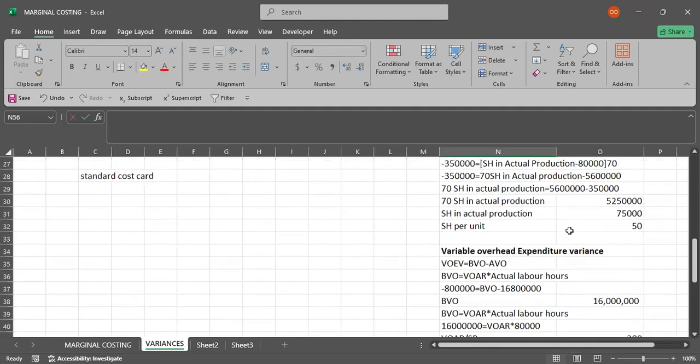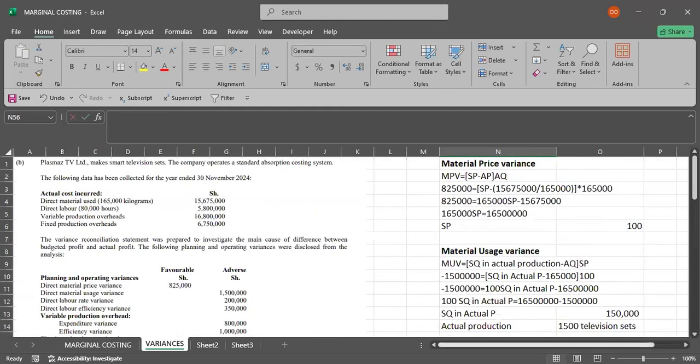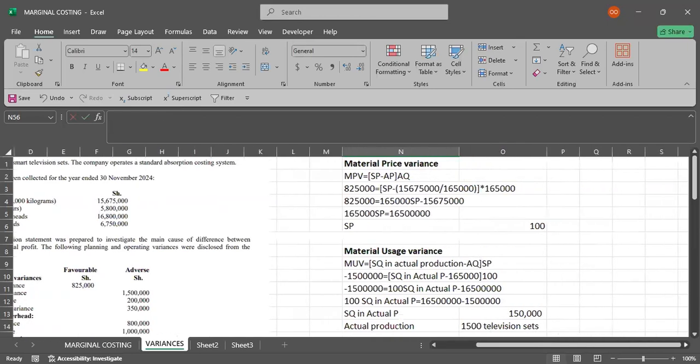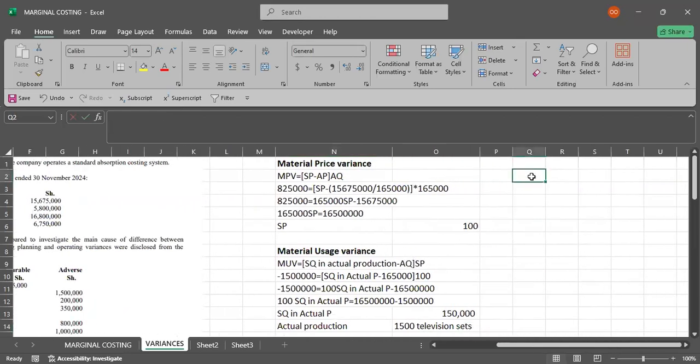Now, once you have that in place, look at how coming up with a standard cost card is very, very simple. Our standard cost card, we need direct material. So my first question is, what was our standard price for direct material?